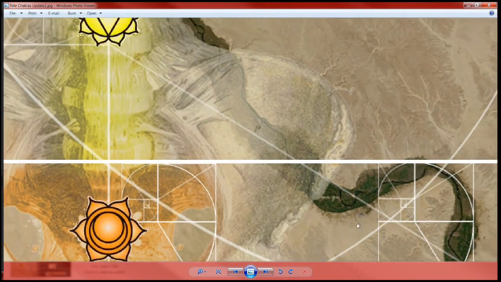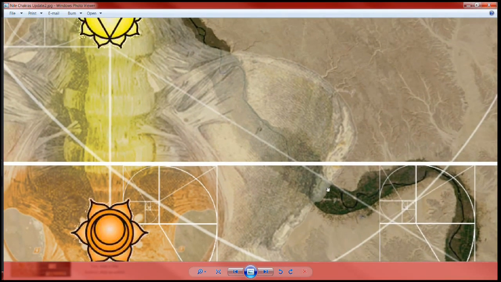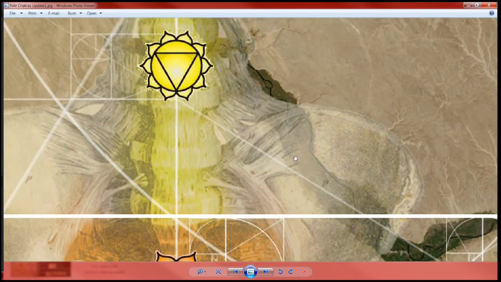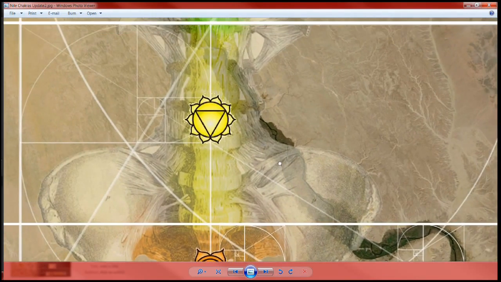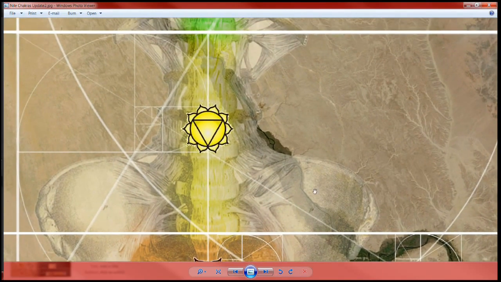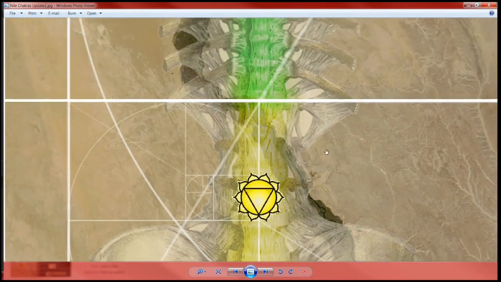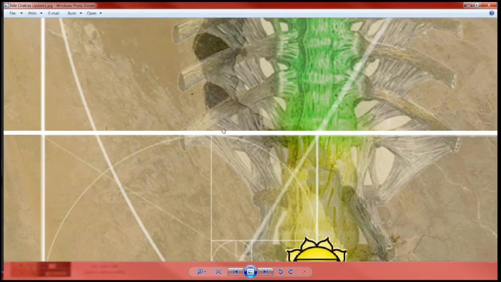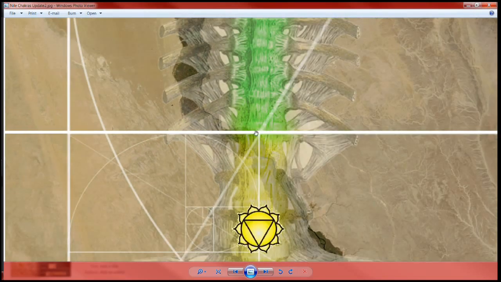Okay, so then we start moving up the Nile, and we get into the stomach area, and notice the way that the Nile is following at an angle. Then, interestingly, it veers off to the left very hard right when it gets to this particular phi area right here.